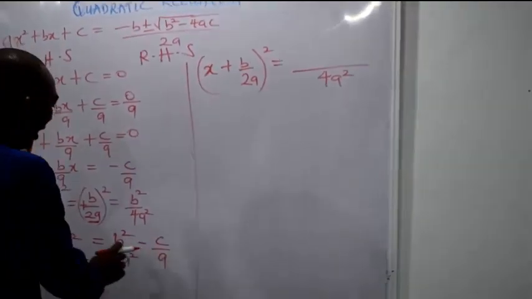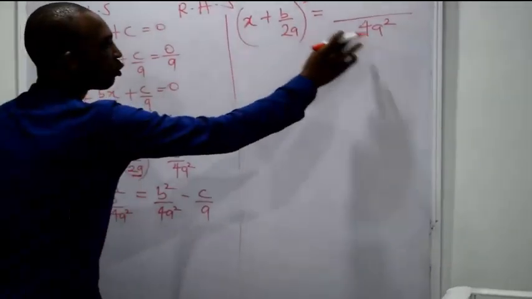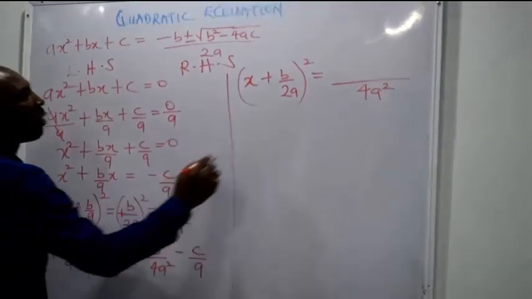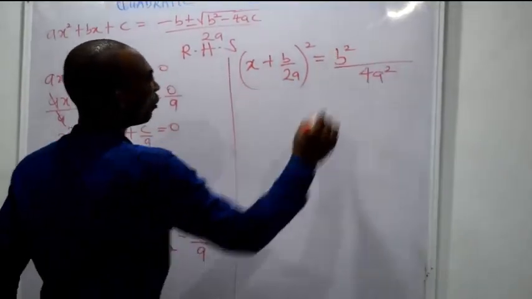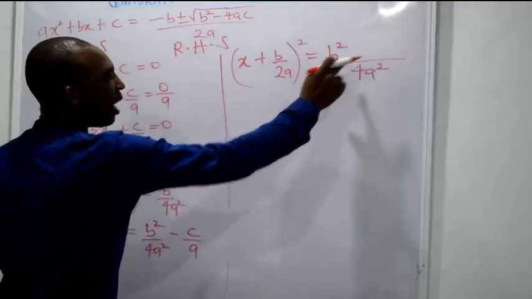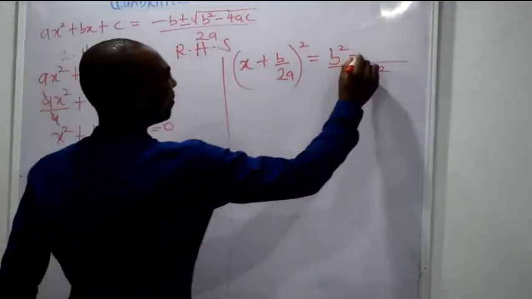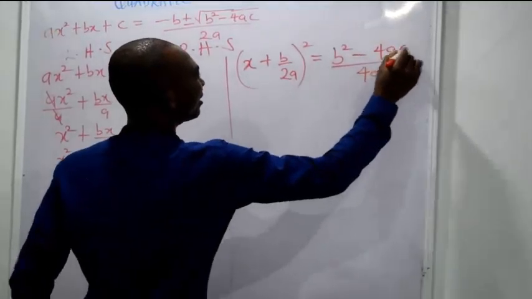How many 4a squared can we see in 4a squared? 1. Multiply that one with b squared, that is b squared. How many a can we see in 4a squared? 4a. Multiply that with c, that will be minus 4ac.